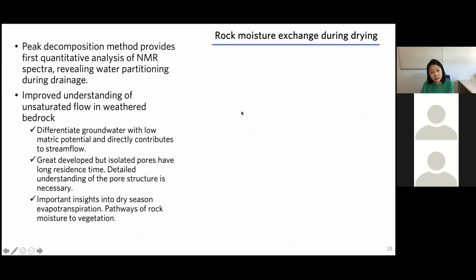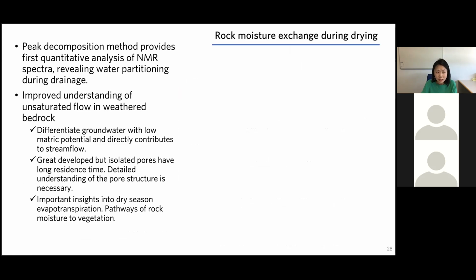So what we can get from this study: we use this peak decomposition method to quantify the NMR T2 spectrum and to provide some of the very first quantitative analysis of how the water is partitioned during this drainage process.